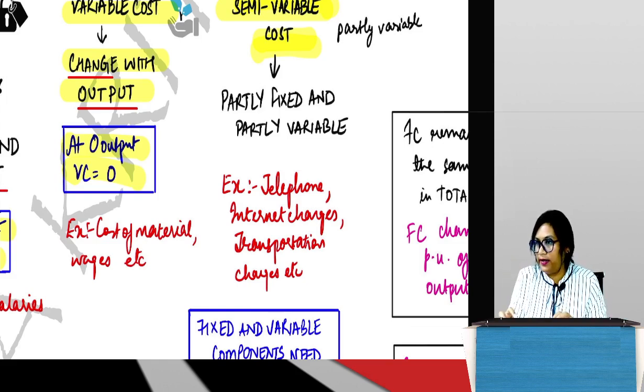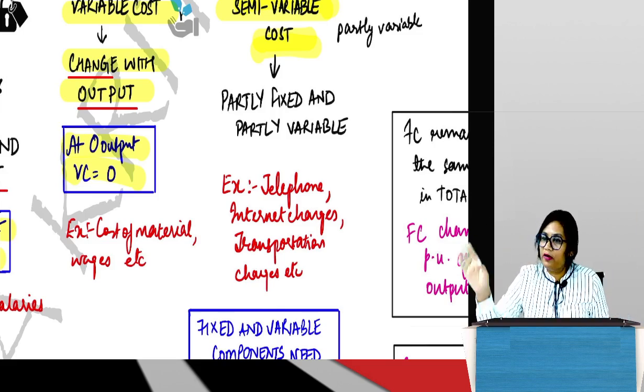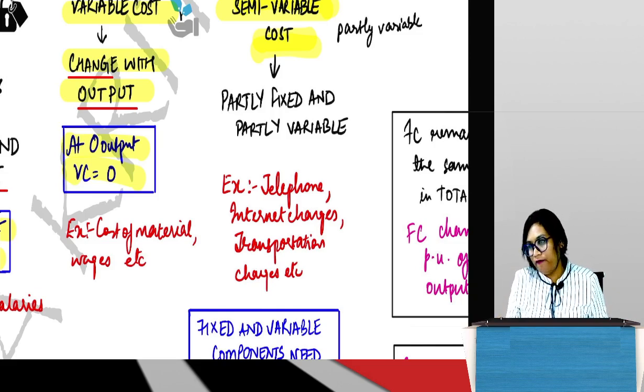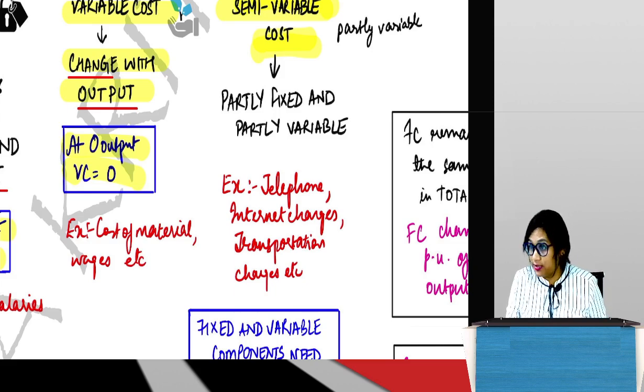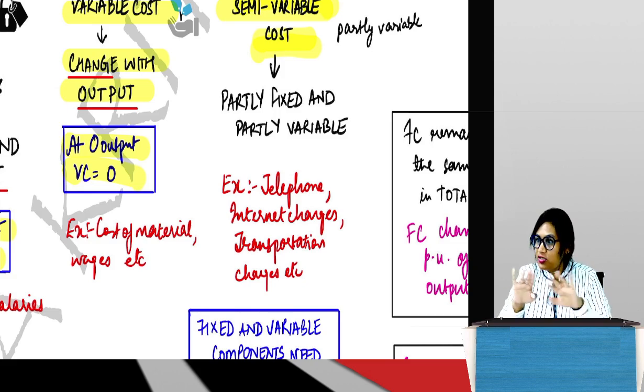And once we split the fixed and variable, fixed component will go and get added to all the fixed costs, variable component will go and get added to all the variable costs. So if in a given problem semi-variable cost is given, the first thing that should come into your mind is to separate the components from that semi-variable cost. Which components? Fixed and variable. Guys, is it okay? That is the only way to treat this semi-variable cost.